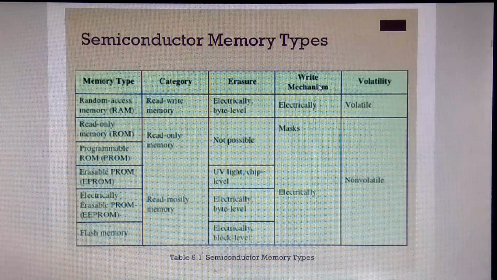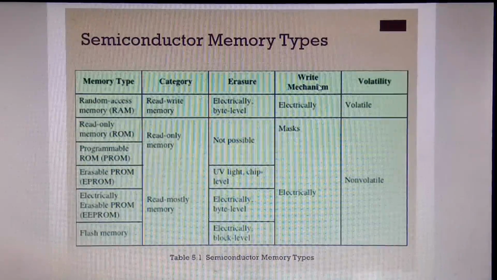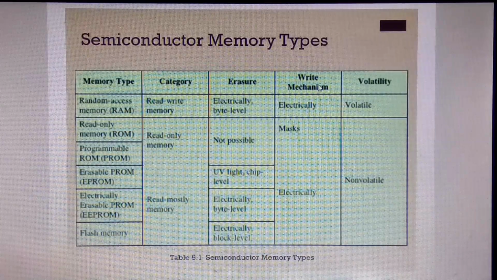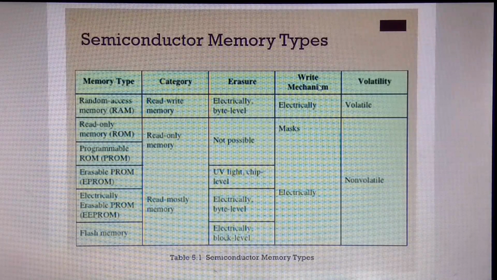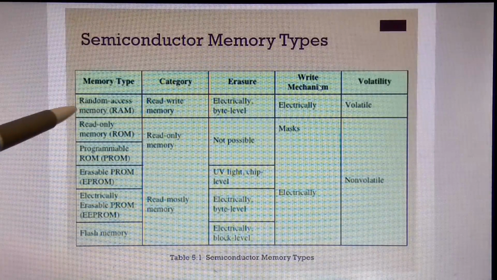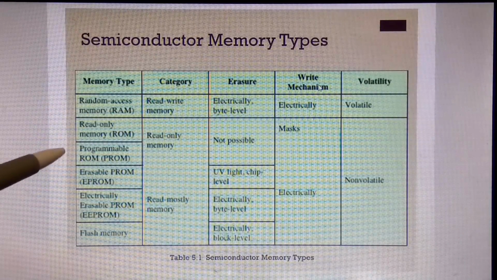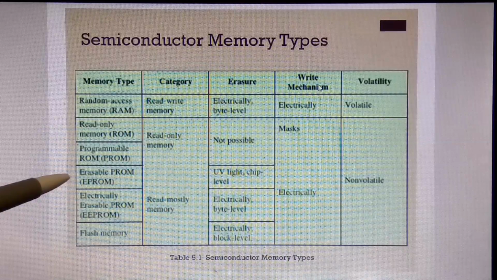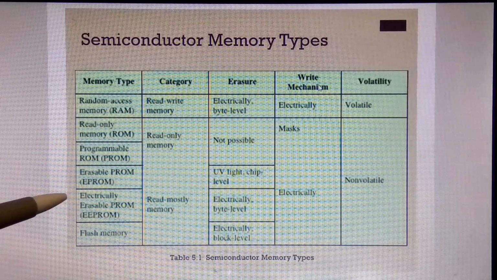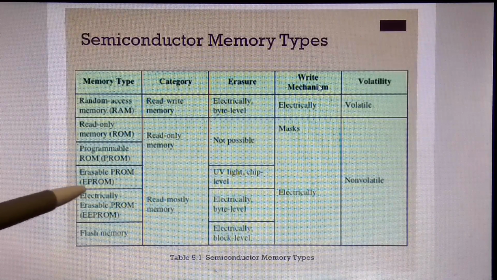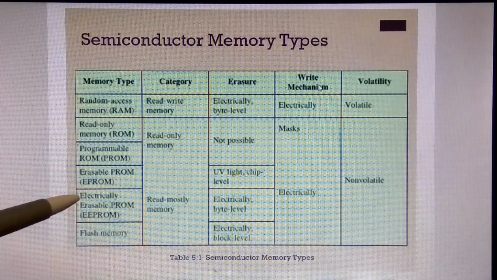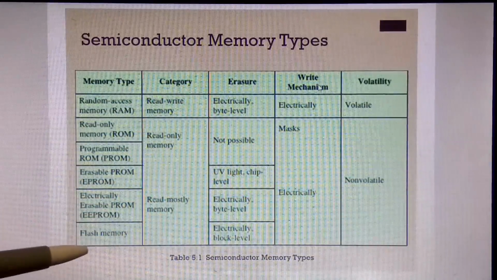In the next slide, we will see the different types of semiconductor memory, which consist of RAM, read-only memory, programmable read-only memory, erasable PROM, electrically erasable programmable read-only memory, and flash memory.